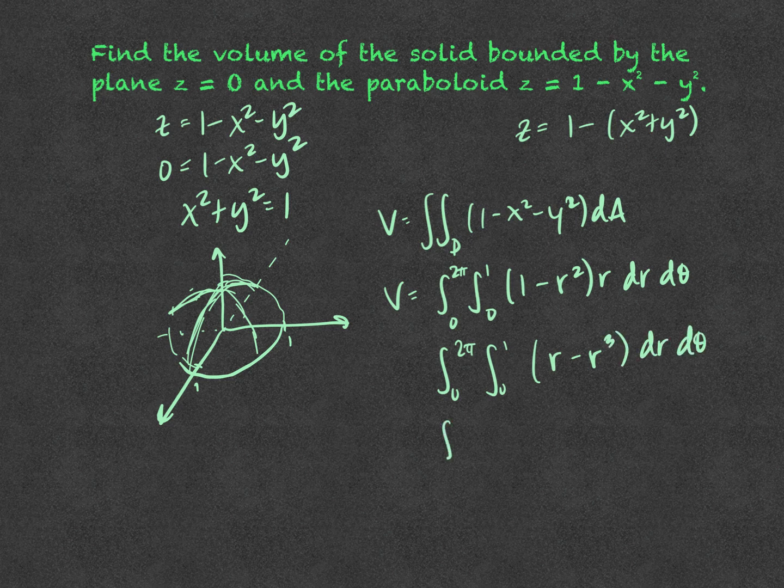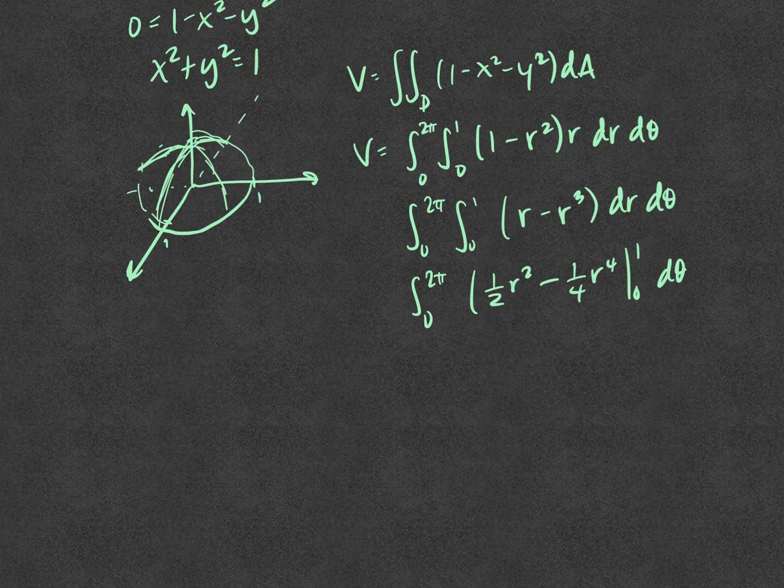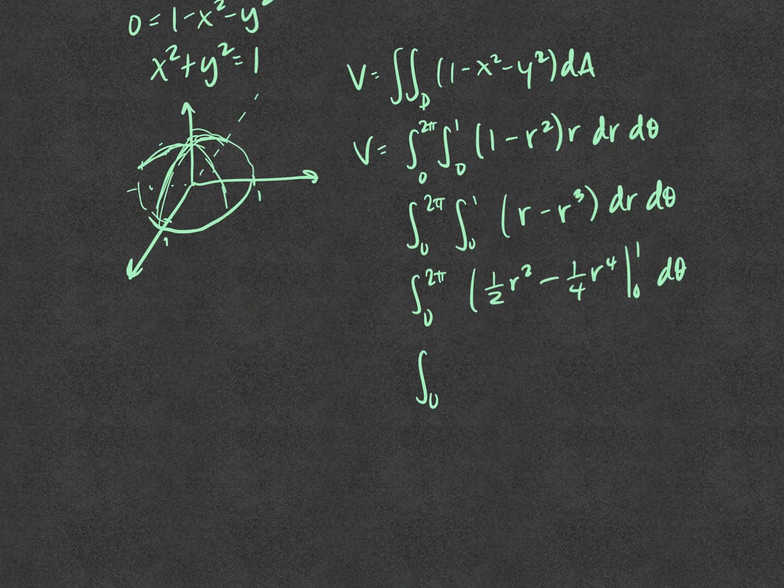Feel like a pirate. So 0 to 2 pi, when we integrate r, we get 1/2 r squared minus 1/4 r to the fourth from 0 to 1 d theta. So we're going to plug in those ones for r. So we have 0 to 2 pi. So I have 1/2 minus 1/4 minus 0.